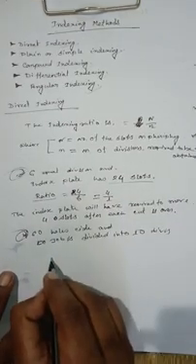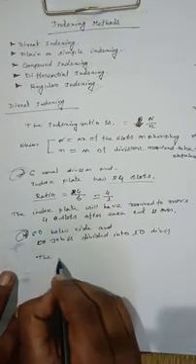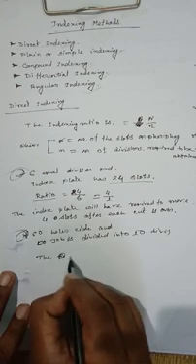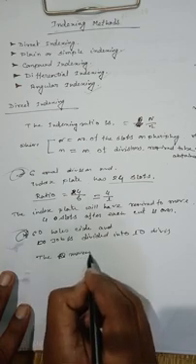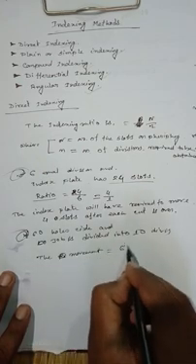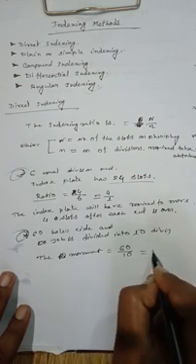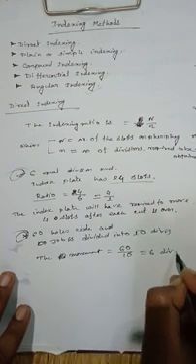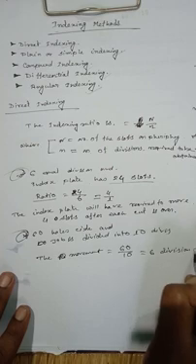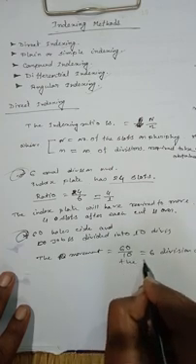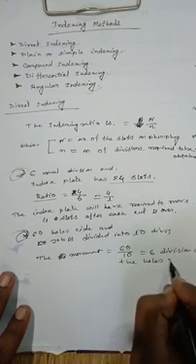Then the movement is equal to 60 by 10, which is equal to 6 divisions on the whole circle.